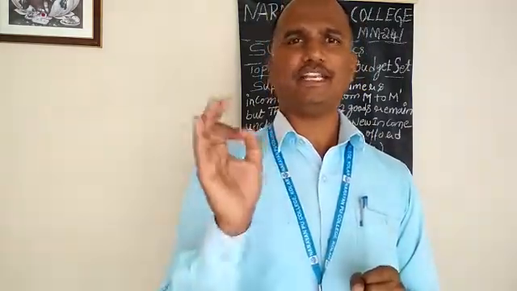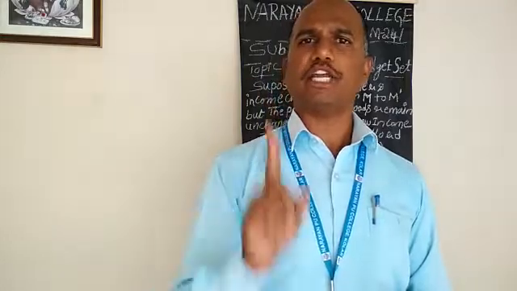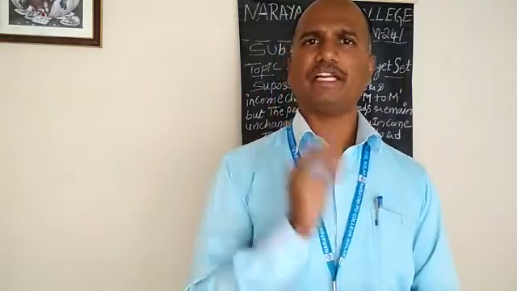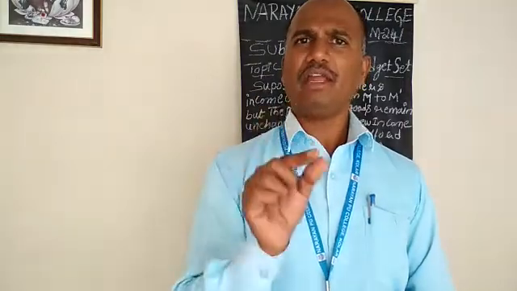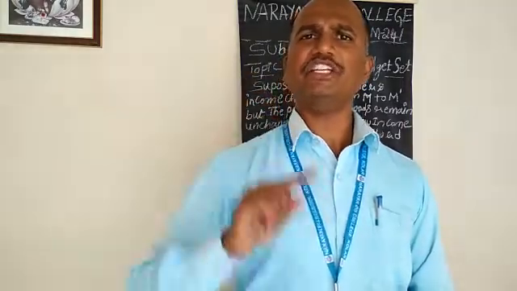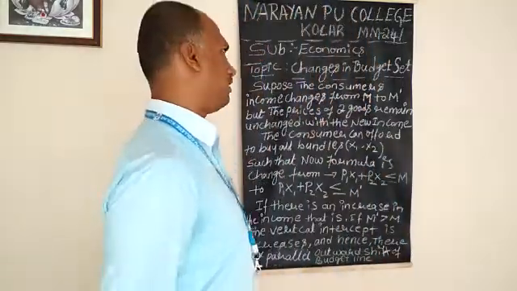Changes in the prices of the two goods lead to changes in the budget set. On the other hand, changes in the consumer's income lead to changes in the budget set. In the first case, we take changes in the consumer's income. Let's discuss that in detail.